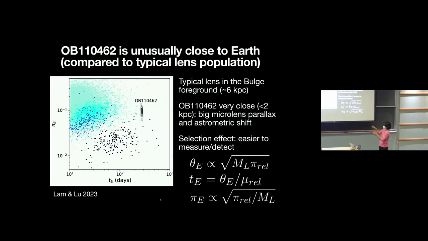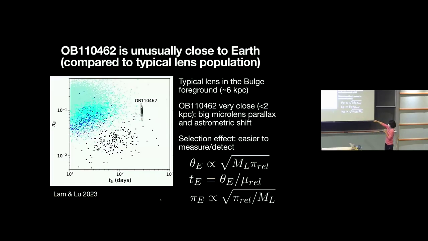So more massive in that corner. And 0462 seems to have a somewhat unusually large microlensing parallax pi_E. That's because this parameter, pi_E, is not only dependent on the mass of the lens, but also how close it is to us, this relative parallax.